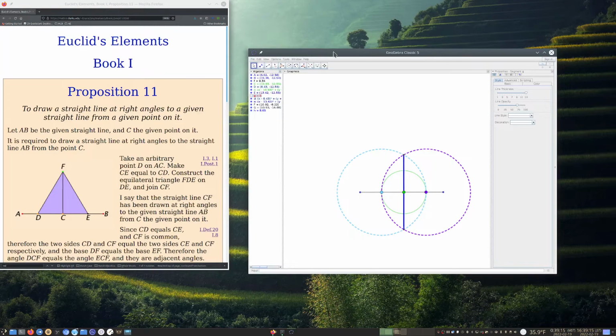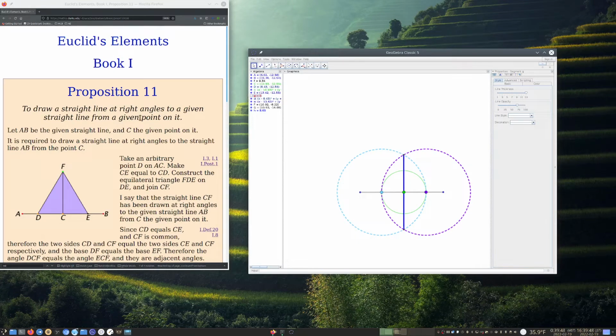Okay. So take an arbitrary point D on AC, make CE equal to CD, I guess what we just did. Construct the equilateral triangle FDE on DE and join CF. Okay, that's what we did. I say that the straight line CF has been drawn at right angles to the given straight line AB from C, the given point on it.